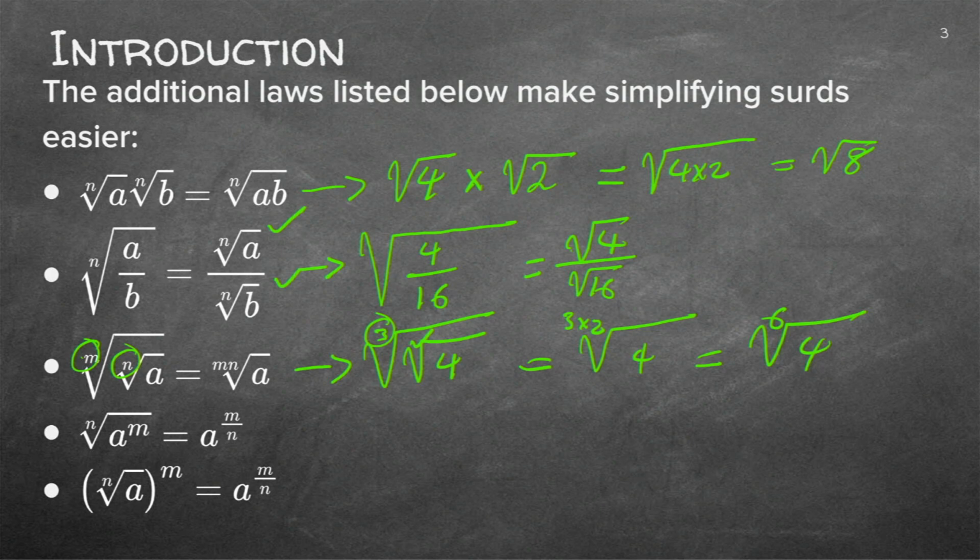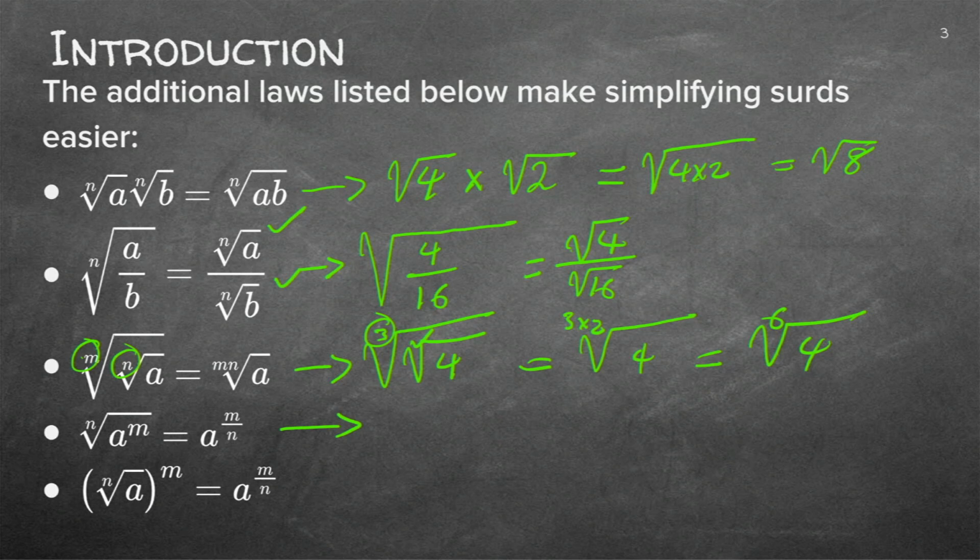As we go, we have one more rule that says, if I have the nth root of a to the power of m, I can simply write that as a fraction. We need to understand that the radical sign alone simply means you have a fraction.